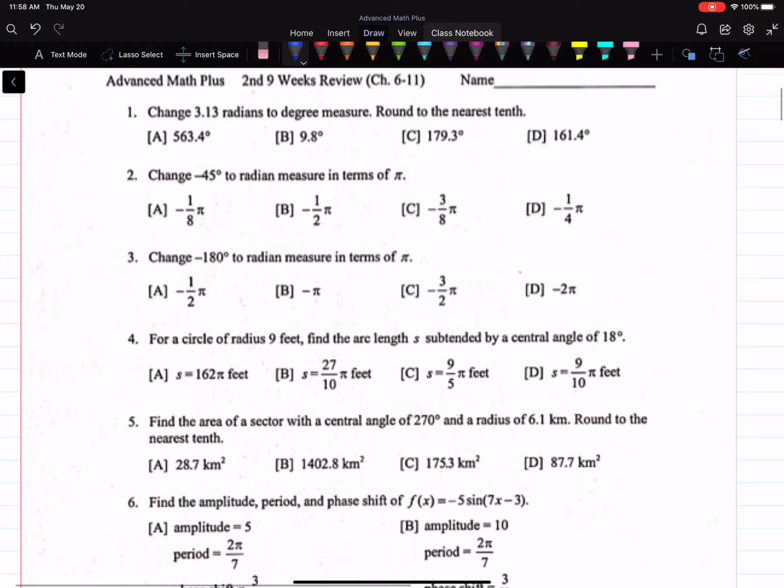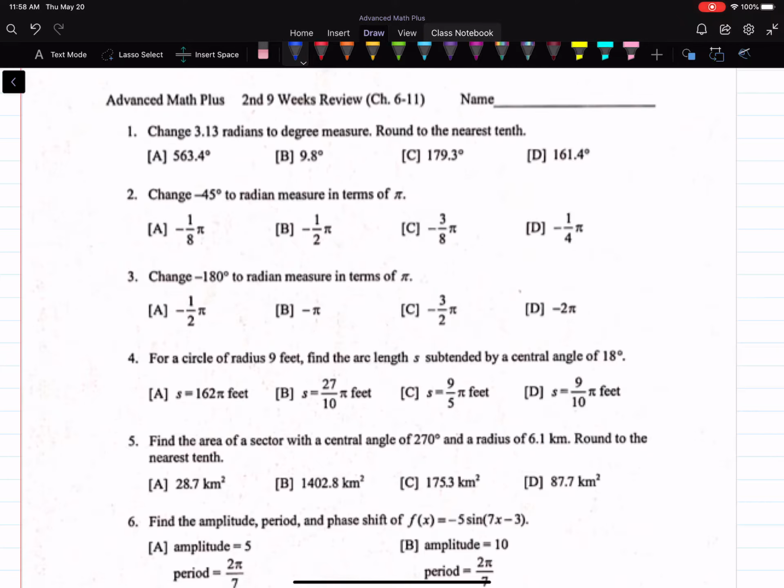All right, number one, we're changing 3.13 radians to degrees. A way to do that is you say 3.13 times 180 divided by pi. And from there, it's just sticking it in your calculator.